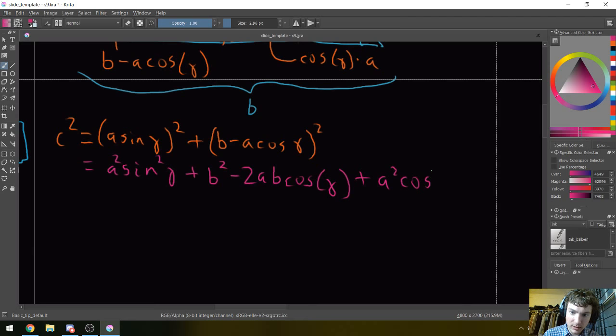So this is going to be a test of your algebra chops to see how good your eyes are. Can you see the simplification that happens next? I claim there's two terms we can eliminate. Can you see which they are? It seems like there is some relation between the a squared sine squared gamma and the a squared cos squared gamma.